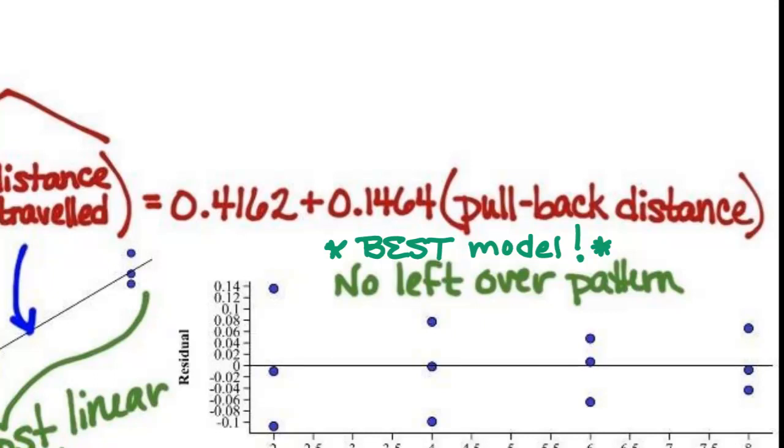Here's the equation for our best model. The log of distance traveled hat, because it's log of y, is equal to 0.4162 plus 0.1464 multiplied by the pullback distance.